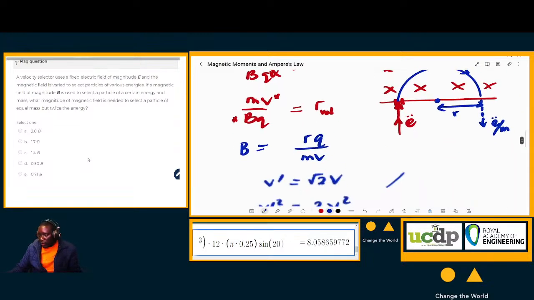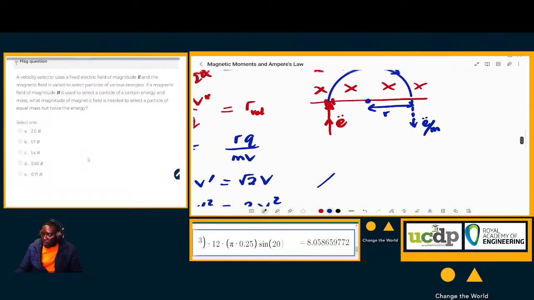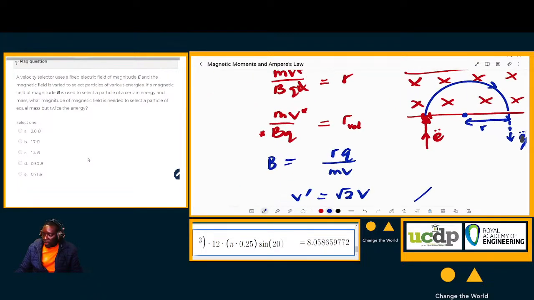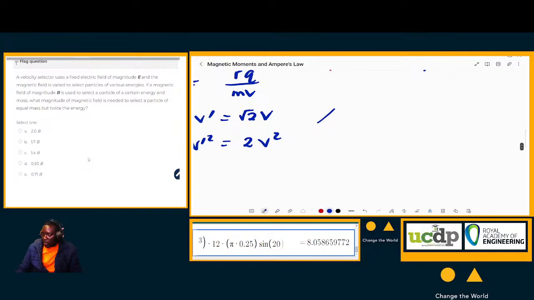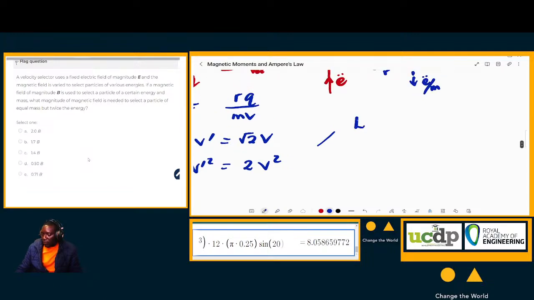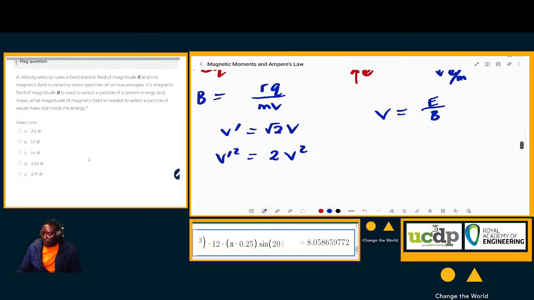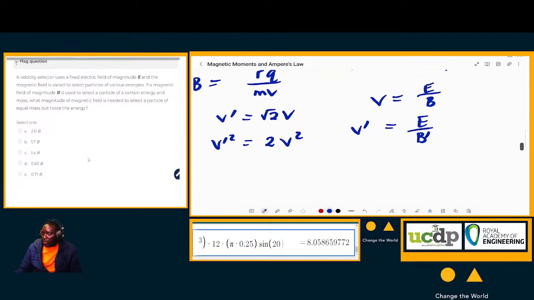Okay, let's see if this works. I just want to use two approaches there, which I've been contemplating. So according to that first equation, V equals E over B, our new velocity, V primer, will be equal to E over B primer because E is not changing.